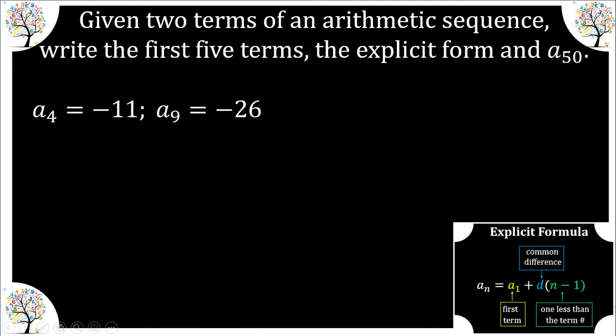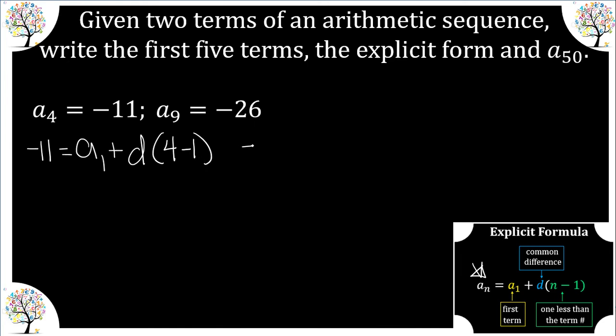Okay, now we have 2 terms, and we are going to write the explicit form and the first 5 terms and the 50th. So we're going to write a system. We are going to use the explicit form to write our system. So we're going to say negative 11 equals, we do not know the first term, we do not know the pattern, the common difference, but we do know that negative 11 is the 4th number of this sequence.